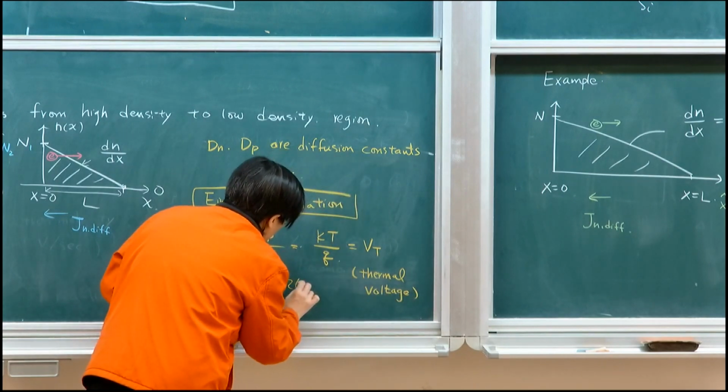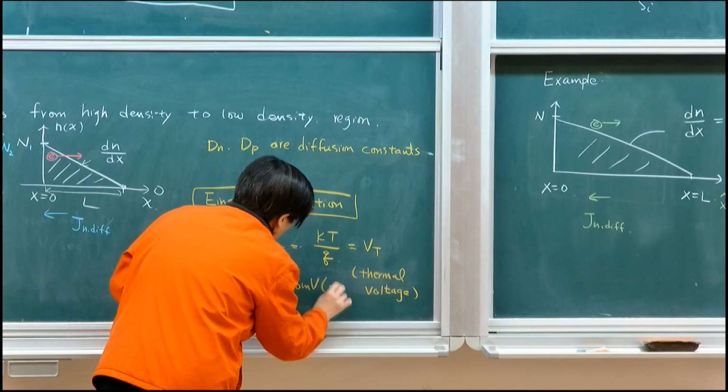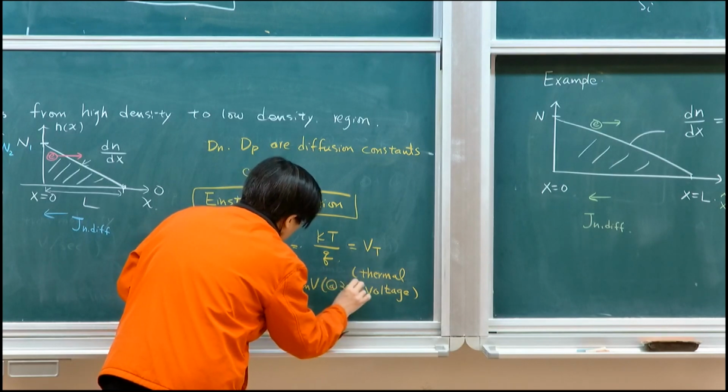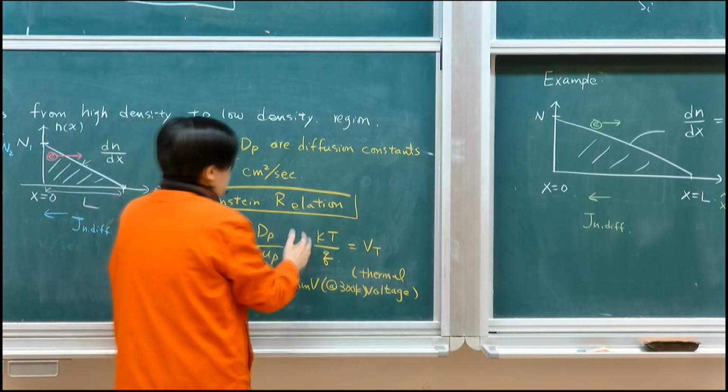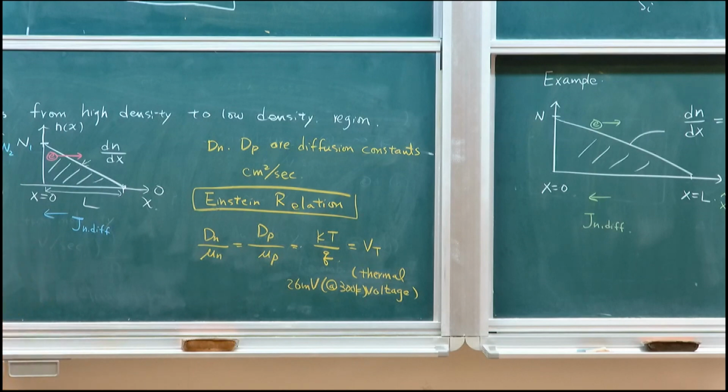It's 26 millivolts at 300 degrees K. We're going to use this term a lot in follow-up current equations. You will see that in diode current and bipolar current equations, because a lot of the balance between drift and diffusion will be proportional to the thermal energy. It's correlated to thermal energy injected into the system. Okay?